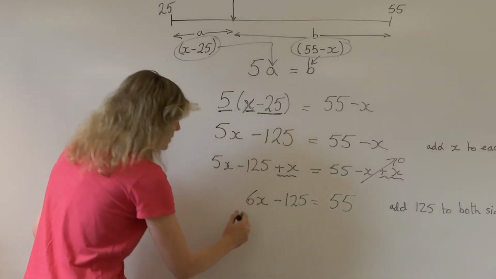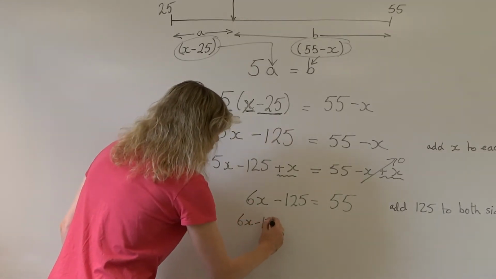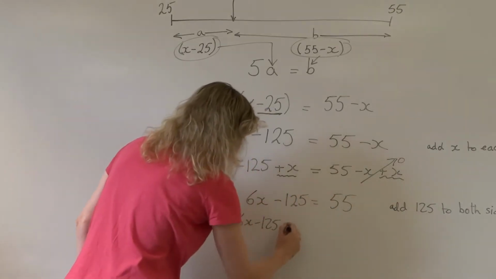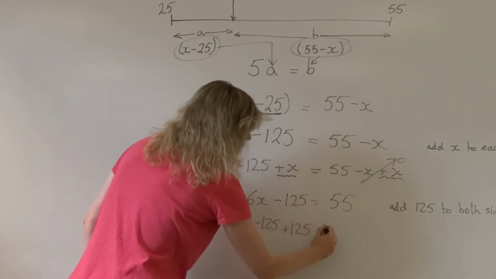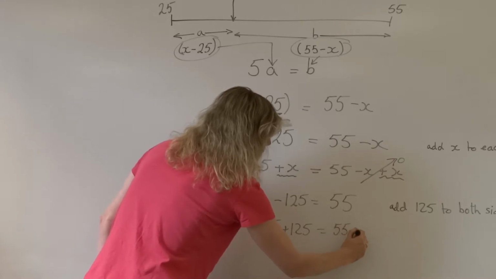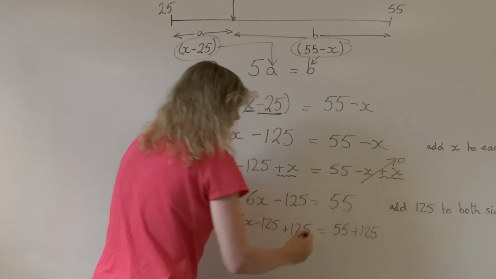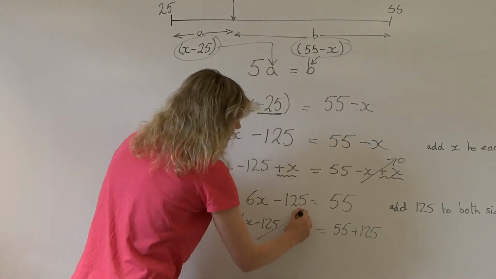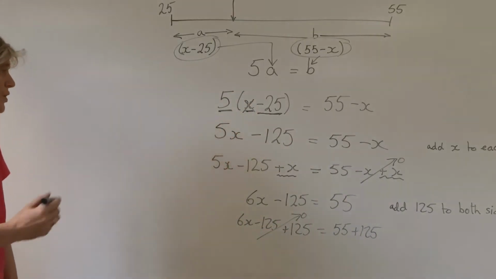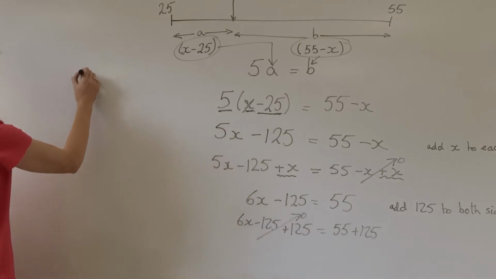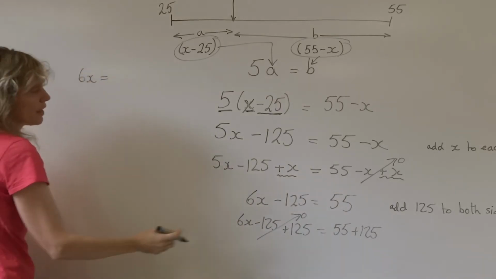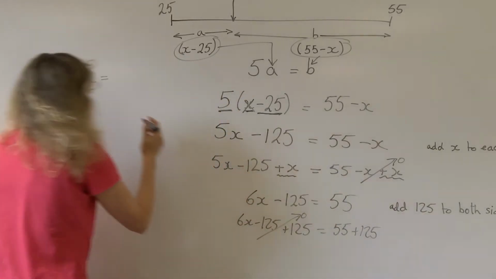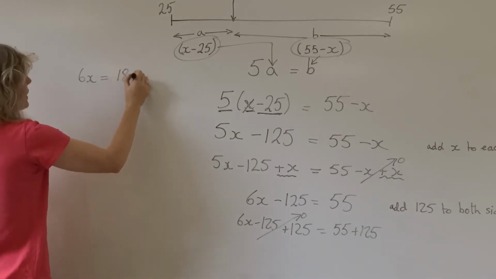So 6x minus 125 plus 125 to both sides equals 55 plus 125. Look, 125 minus 125 gives me that 0 that I'm looking for. So I now know that I have 6x equals 125 plus 55 is 180.